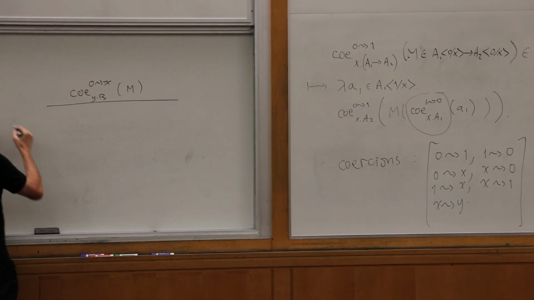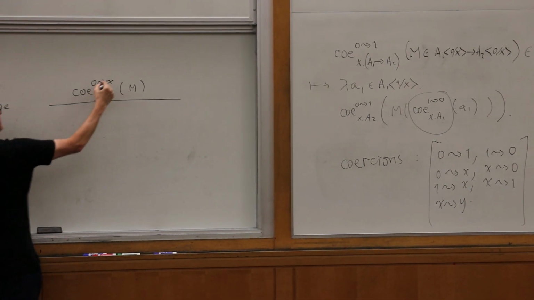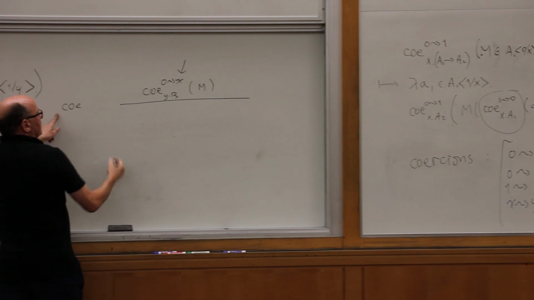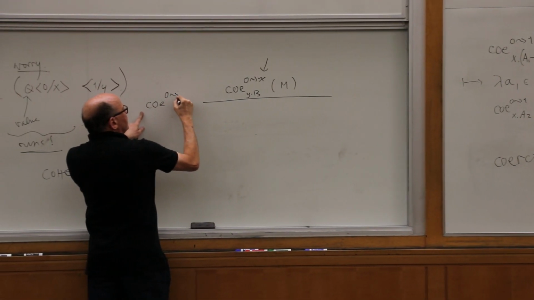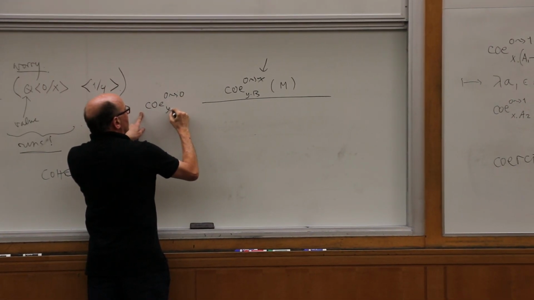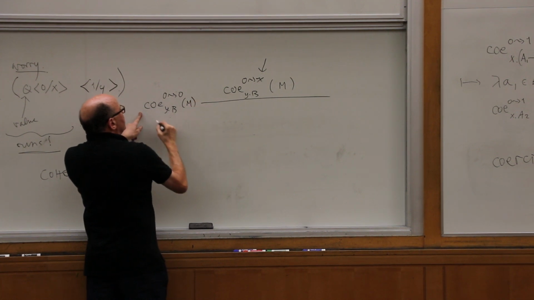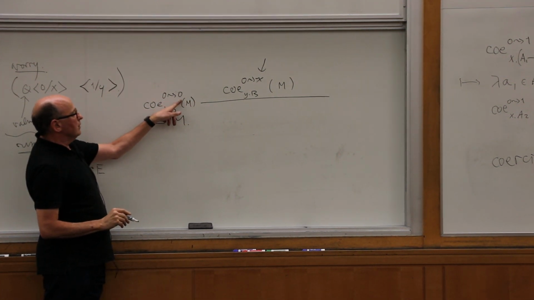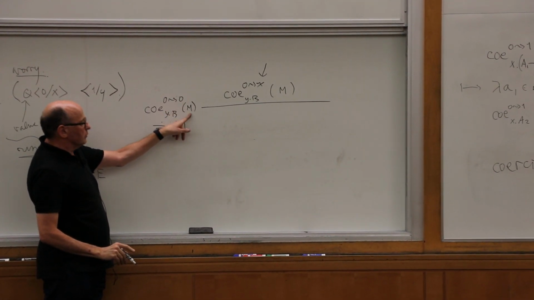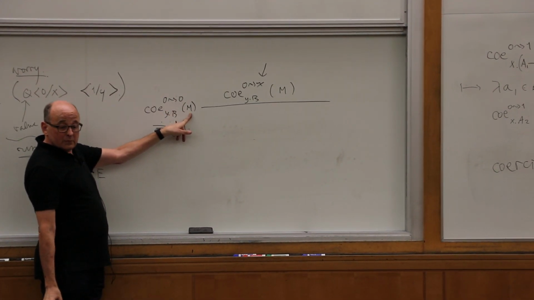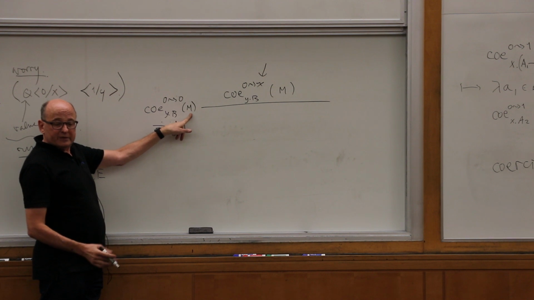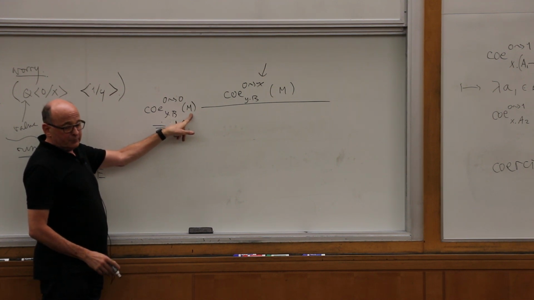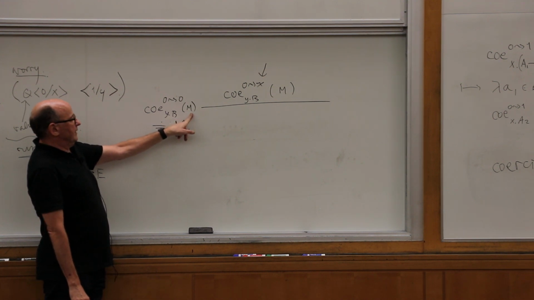I want its left endpoint. The important thing is it's a line in x. So I want its left endpoint to be the coercion from 0 to 0 in y dot b of m, which we are going to guarantee is m. If you try to coerce from where you are, and where you're going is exactly where you are, you return the thing you have. That should at least stand to reason. It's actually pretty much forced, but it should stand to reason.